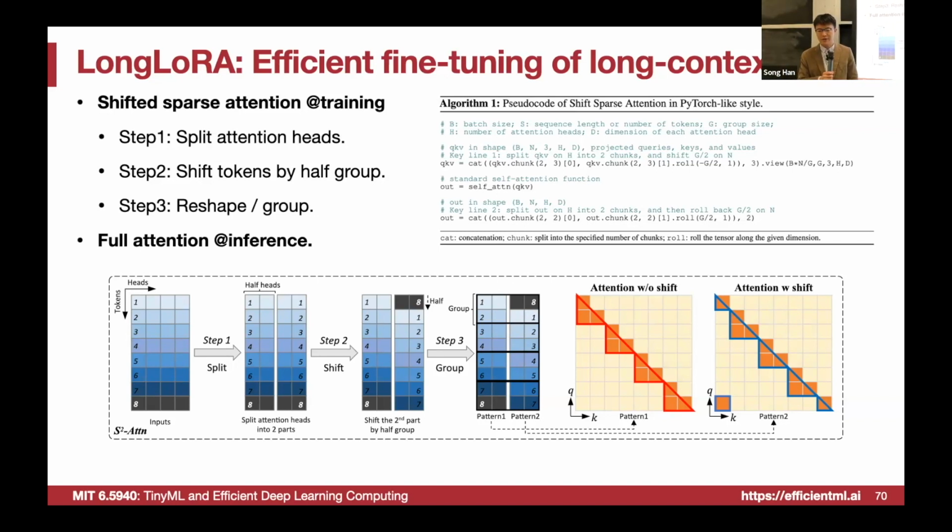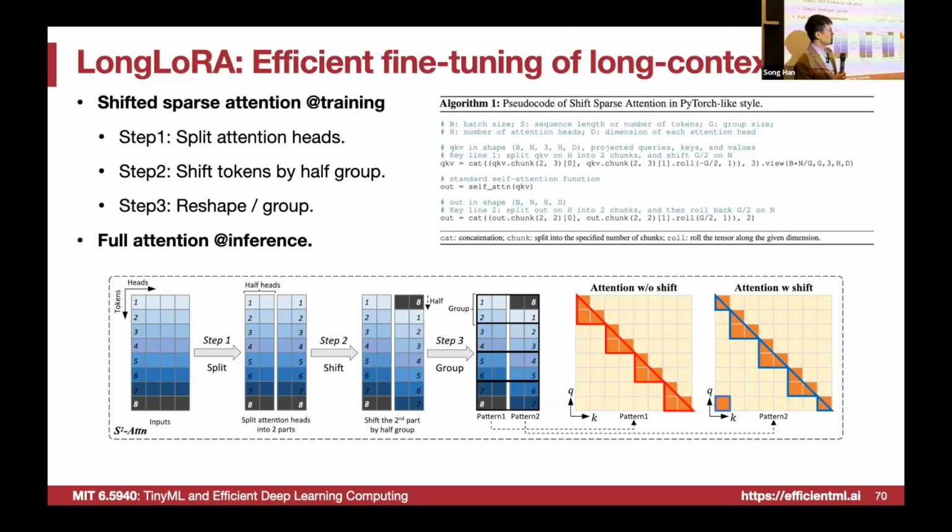The second step is to shift the tokens by half of the group. This is unshifted, this is shifted. As we can see, token 8 becomes part of the top section. The third step is to reshape and group, so we group the first 2 tokens together, the second 2, the next 2, the next 2.